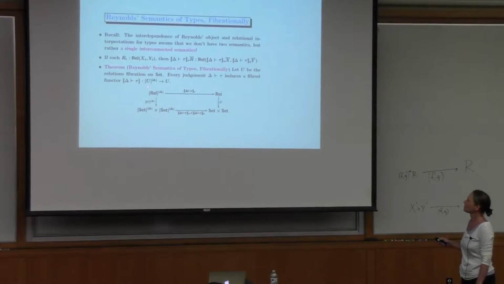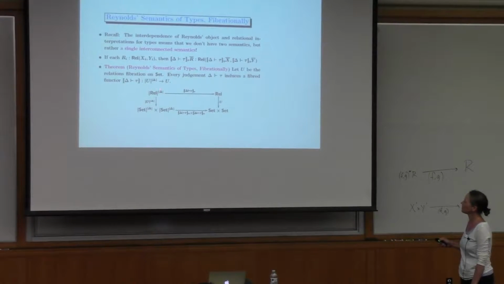And what I'm saying is that if I start over here and take cardinality of delta many relations that are going to interpret my type variables in delta, that's this piece right here. So I've got all these Rs, I've got this R bar, and I look at this thing with respect to R bar, and then I look at what it's over with respect to the relations fibration. Well, it's over this pair, right? I've got a relation between these things.